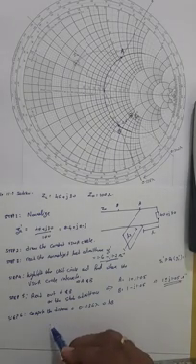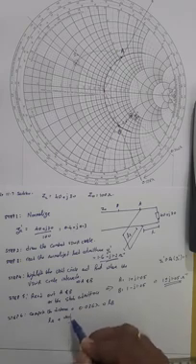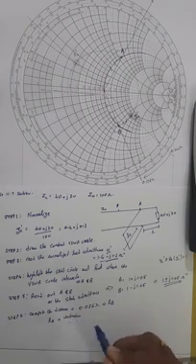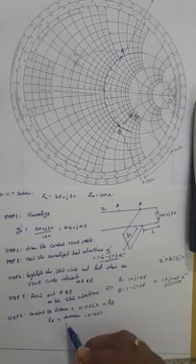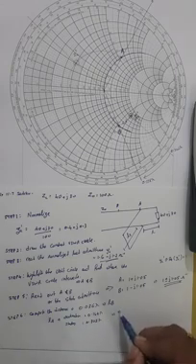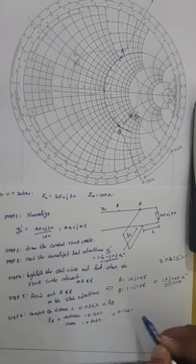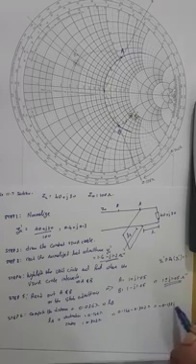So to compute my distance LA, the destination is at 0.164 lambda, and my starting point is at 0.302 lambda. So my distance here is going to be 0.164 minus 0.302 lambda, which makes negative 0.138 lambda.